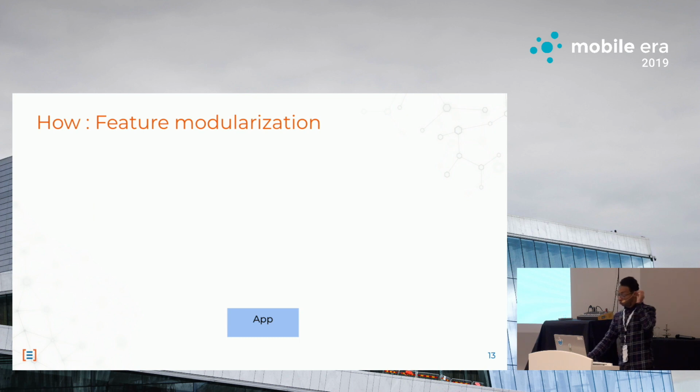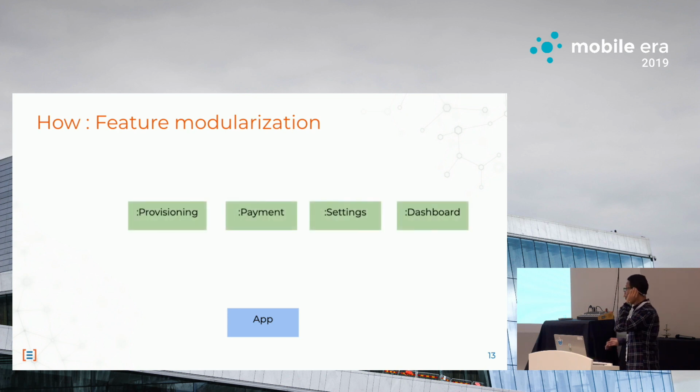We will go through an example of feature modularization or architectural modularization. We have our app, and we can have each module as a library: provision, payment, setting, dashboard.